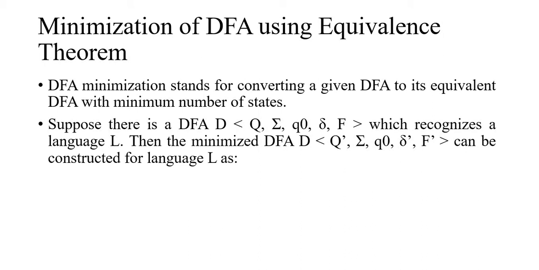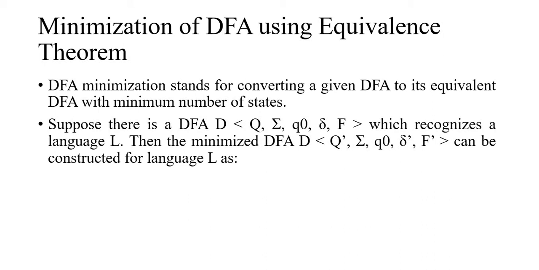So what is the theorem? For any DFA, first you have to eliminate all the dead states and inaccessible states from the given DFA, if any states are available. So what is a dead state?